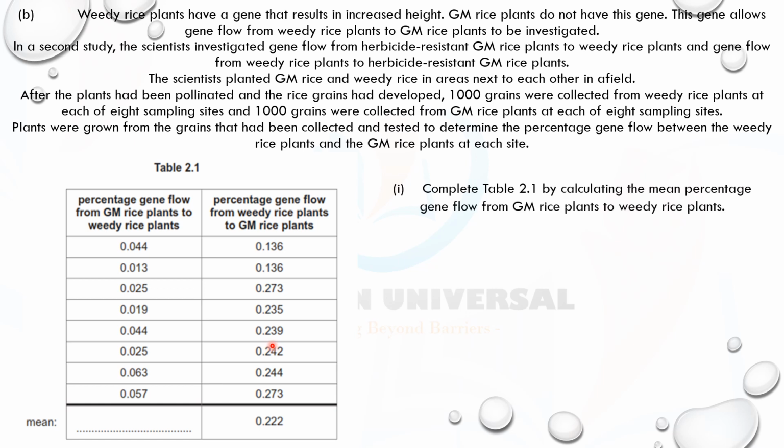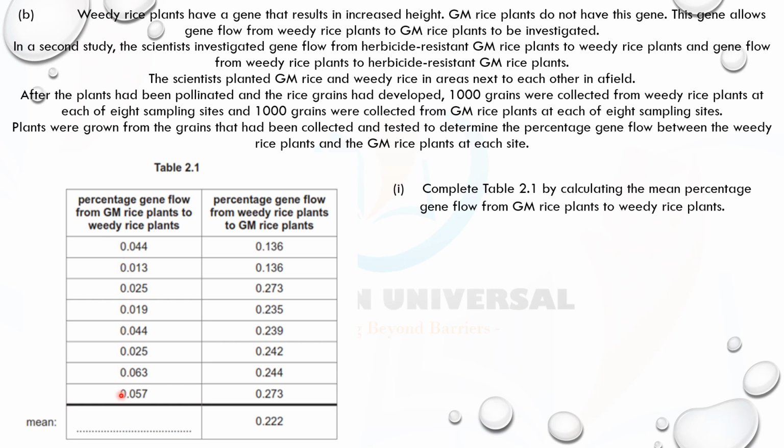Complete table 2.1 by calculating the mean percentage gene flow from GM rice plant to weedy rice plant, that's this. So you know how to calculate the mean. Add up all this, divide by 8. 1 2 3 4 5 6 7 8.